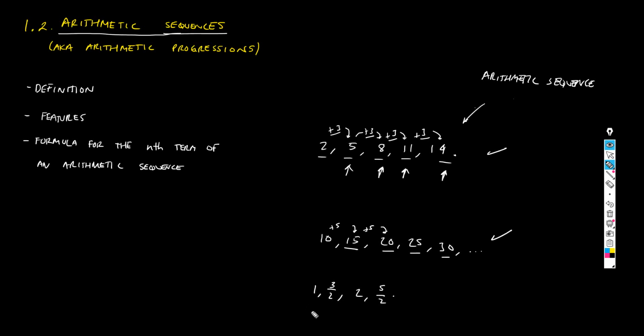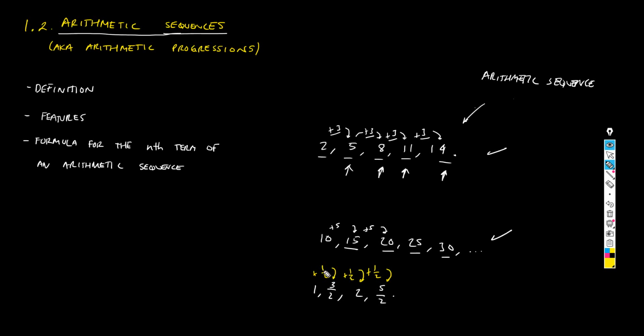Think a little. I'm adding 1/2, right? 1 plus 1/2 gives me 3 halves. 3 halves plus 1/2 gives me 2. 2 plus 1/2 gives me 5 halves, and then we stop.